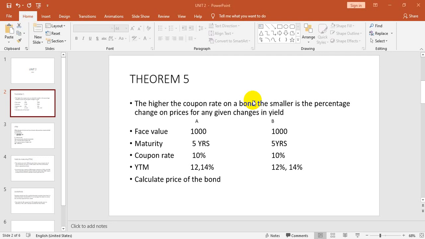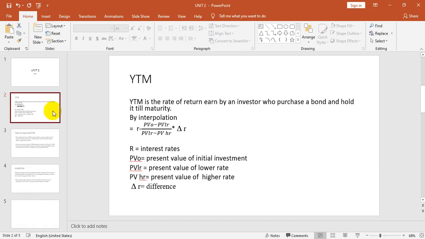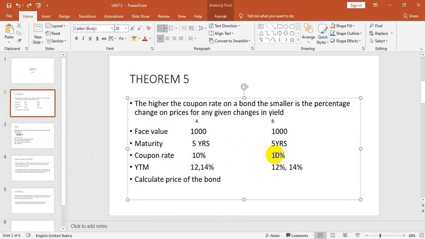So over here, two bonds have been given, A and B. Face values 1,000, maturities 5 years, coupon rates 10 and 12, YTM 12 and 14 have been given as such. These things are similar.